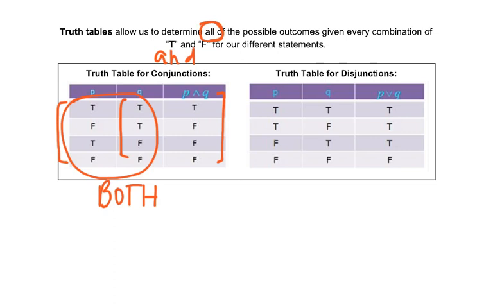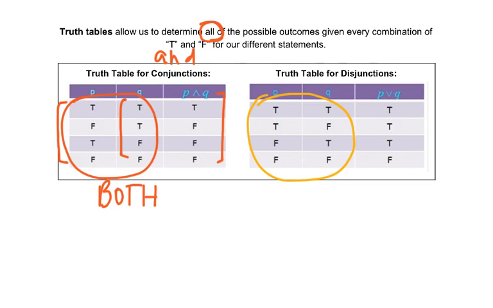Next, we have a true and a false, so that makes just one false, so that makes our P and Q false. And last, we have a false and a false, so that makes our P and Q false. Same idea. You can see that the first two columns look exactly the same as our conjunction table.